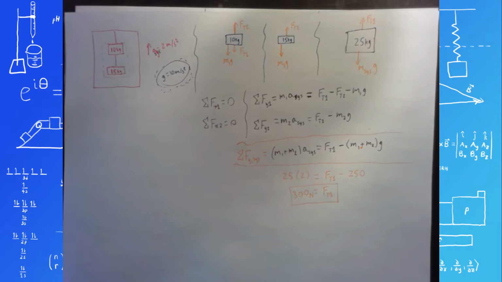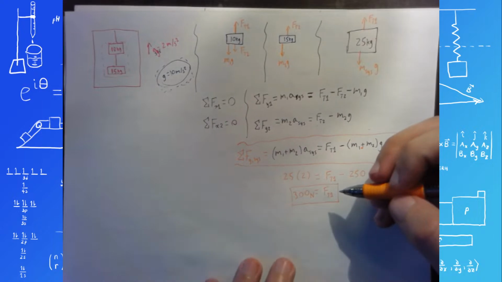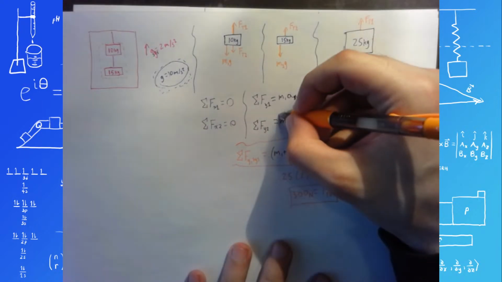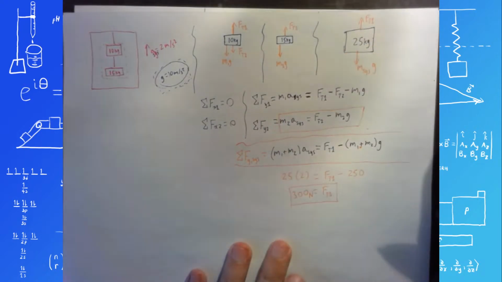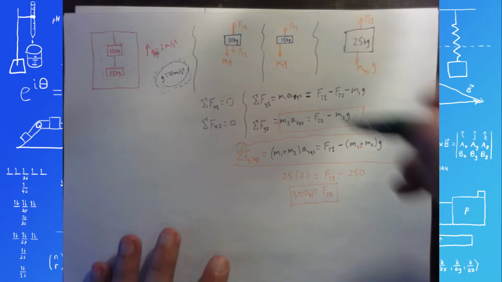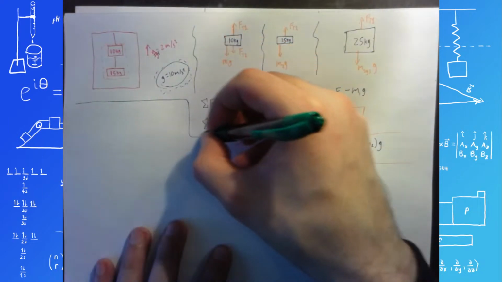The other one was to find the tension in rope 2. Now that we know tension 1, we can... Oh, actually, we can solve for tension 2 without needing to know tension 1 at all. We can just use the second equation over here. So let me switch colors. Let's do green. I'll do it over here.